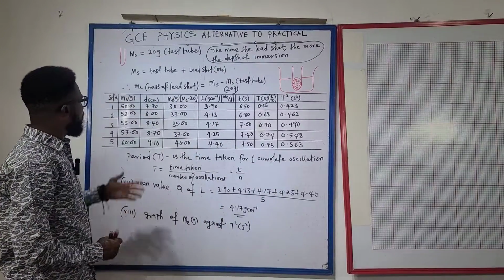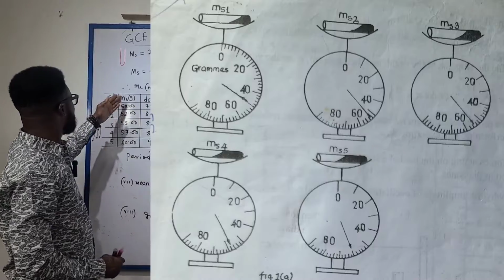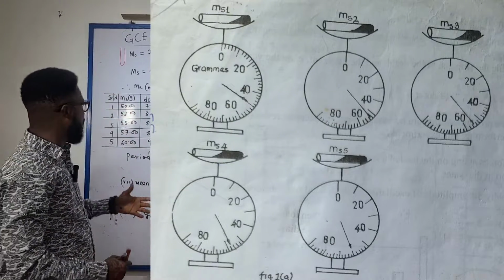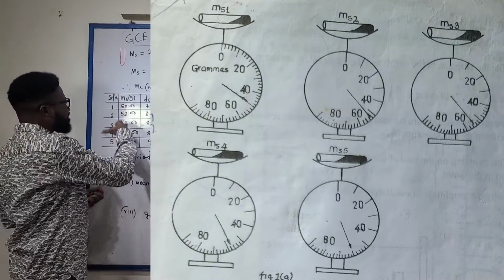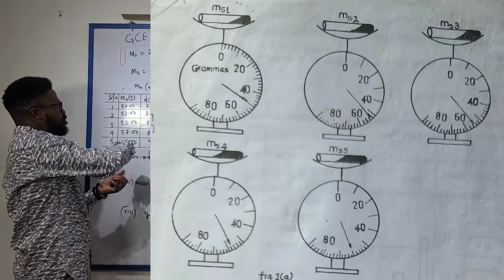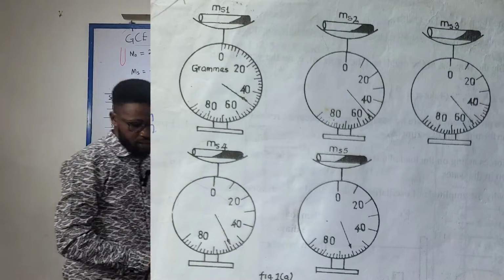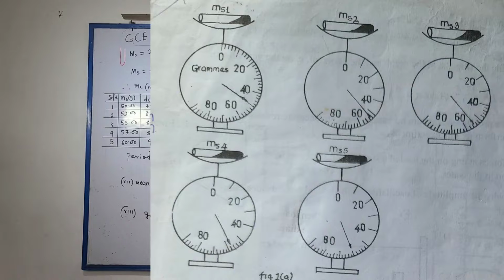The first reading for MX, of course in gram, talks about the mass of the test tube and the lead shot in the test tube. When read on figure 1a, we have 50 grams, 53 grams, 55 grams, 57 grams, and lastly 60 gram, of course avoiding parallax error.